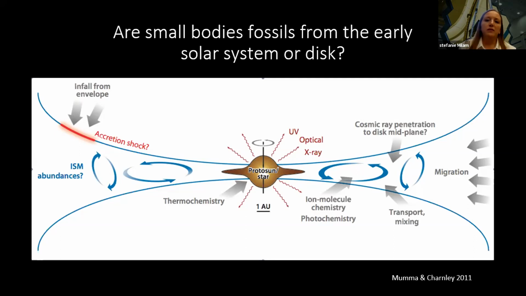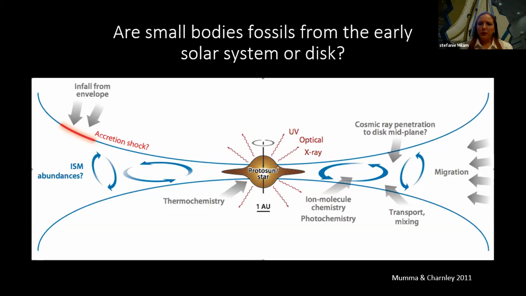So thinking about things like migration and transport from the inner disk to the outer disk, seeing how that chemistry could be altered just through thermal properties of the disk, radiation coming from a protostar, external radiation such as cosmic rays that are penetrating the disk, and then what may or may not be preserved, say in the ice in the midplane of the disk, especially in the outer regions, and how much of that is actually preserved in some of these primitive bodies.